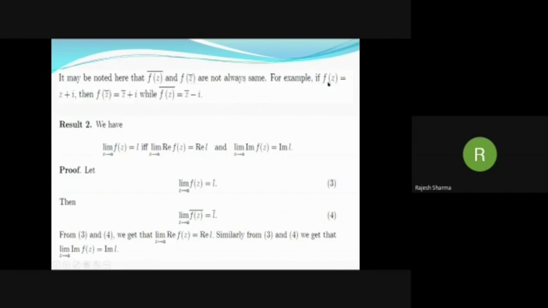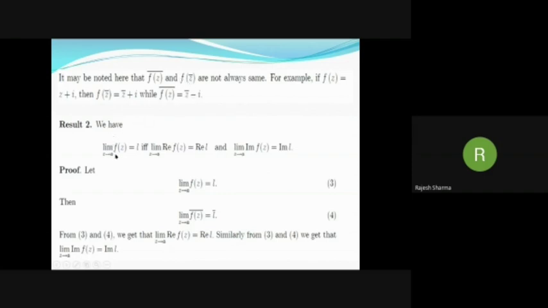For example, if we take f(z) is equal to z plus iota, then f of z conjugate is z conjugate plus iota, while the conjugate of f(z) is z conjugate minus iota. So in this case, the conjugate of f(z) is not equal to f of z conjugate.